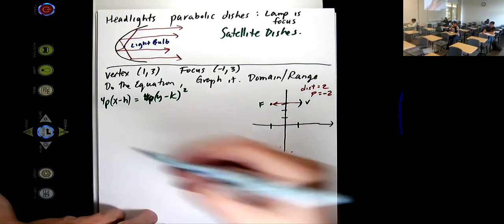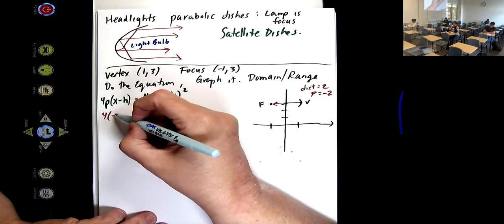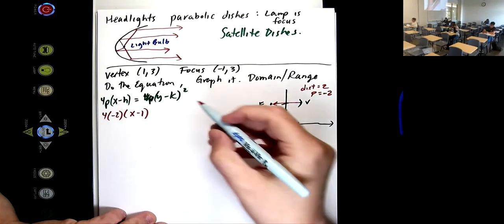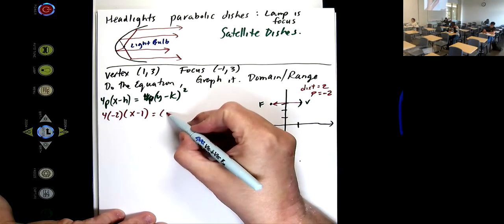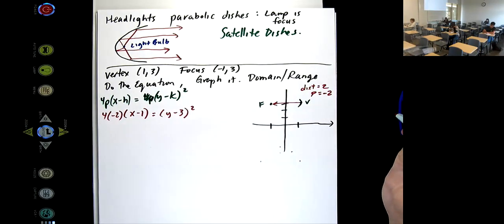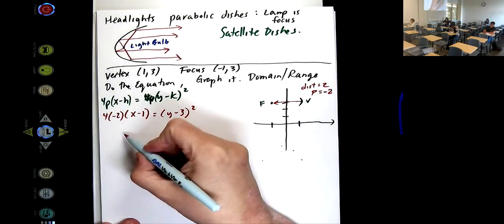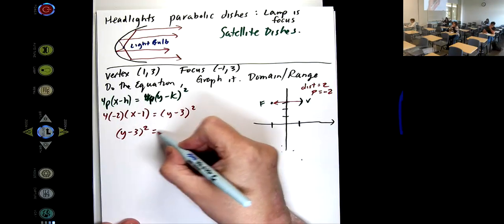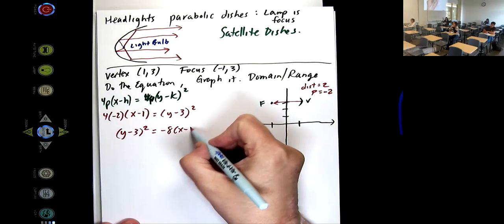So we have what we need to fill in. 4 times -2 times (x minus 1), which is my h, equals (y minus 3), which is my k, squared. So (y minus 3) squared equals -8 times (x minus 1).